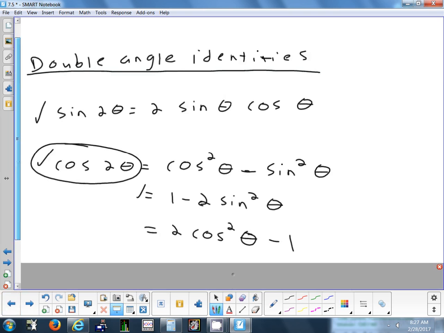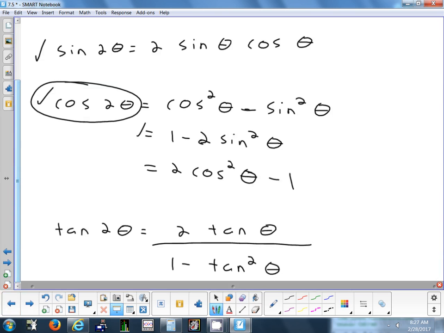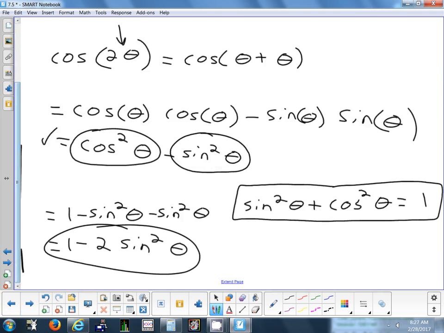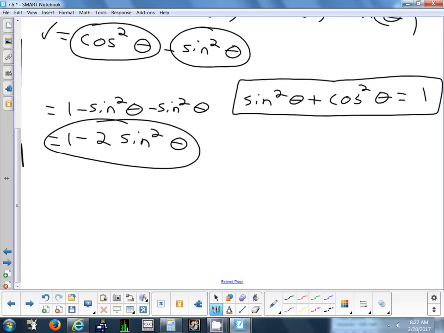The last one, okay, tangent of 2 theta. I don't want to go through the whole proof of it, but how do you think you would start? If you wanted to figure out, well, actually, there might be 2 ways you could start. Can somebody give me one way you can write that differently?